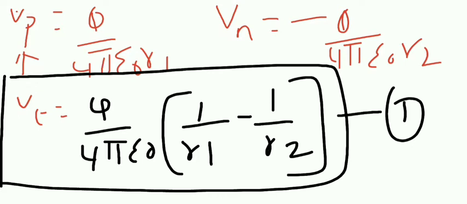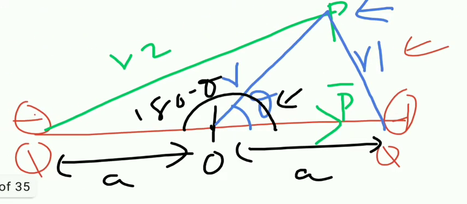Suppose we assume that this point P is very far away from the dipole. Let us assume the dipole is located at Chennai, and point P is located at Madurai or Trichy. The distance between the two charges is very small.